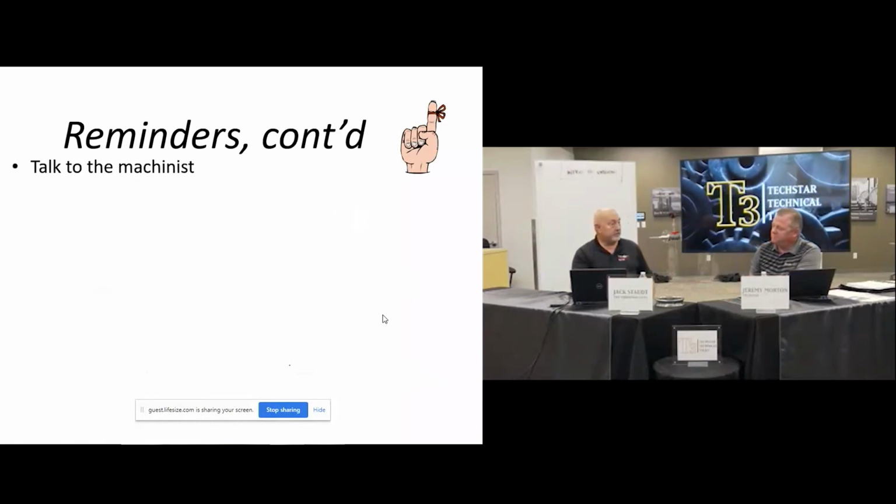When you're out there, I always love to go talk to the machinists or the millwrights, the maintenance guys that are out there. They're the guys that are out there every day. They know the nuances of that piece of equipment. That's right, and I always take the Columbo approach.